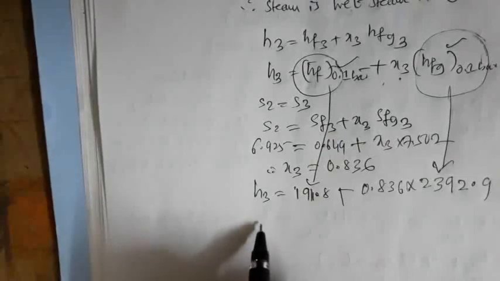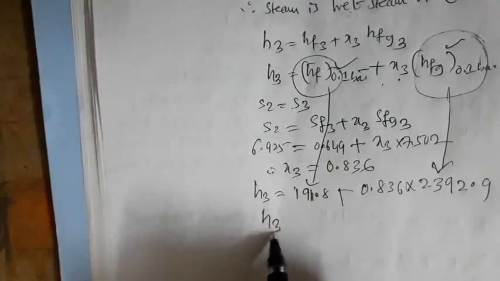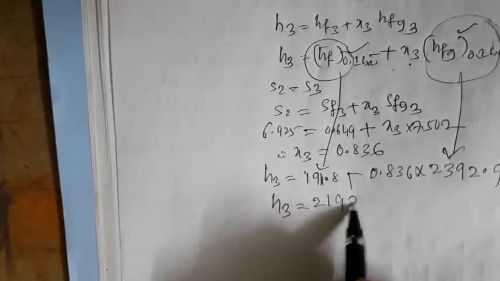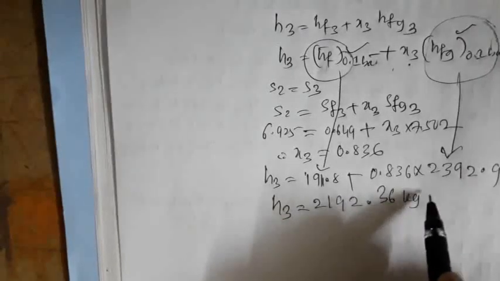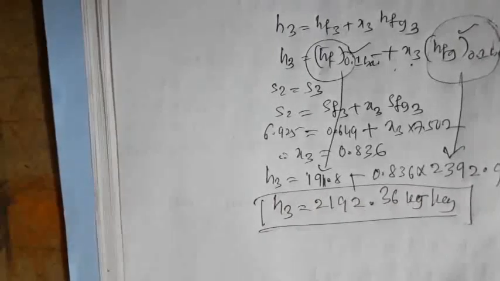Finally I will be able to calculate H3 as 2192.36 kilojoule per kg. So this is the H3 value.